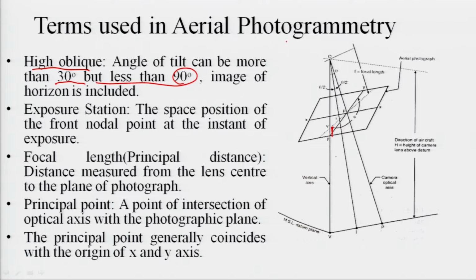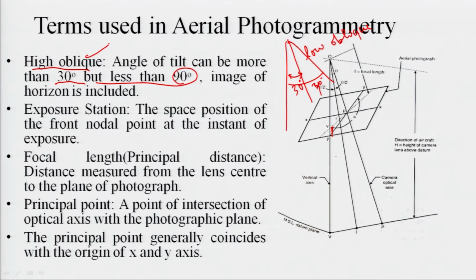So if the axis is up to a range of 30 degree, it is low oblique, and if that tilt angle is greater than 30 degree but less than 90 degree, then we obtain a high oblique photograph.